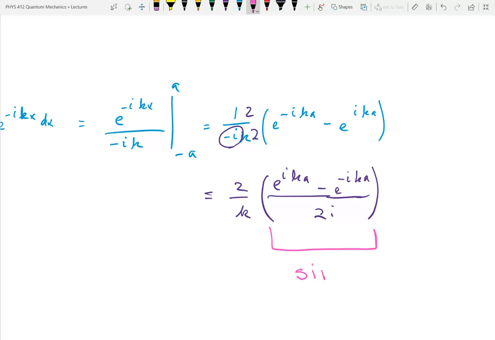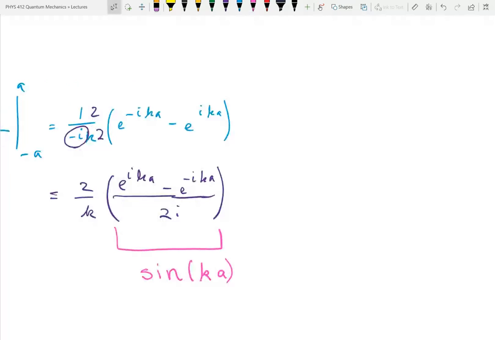That is a definition of sine of whatever was multiplied by the i there in the exponent.